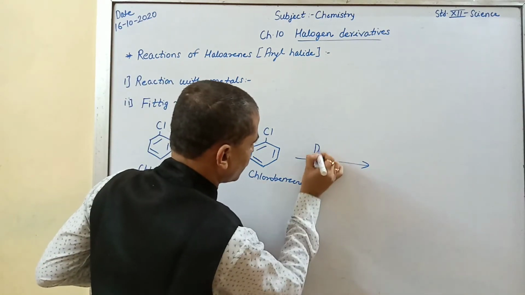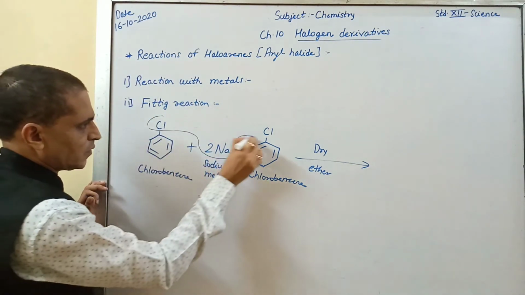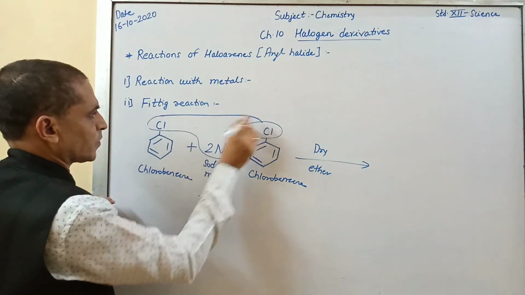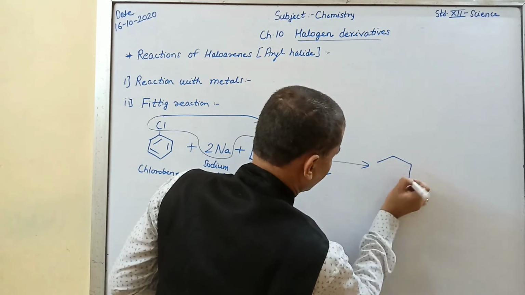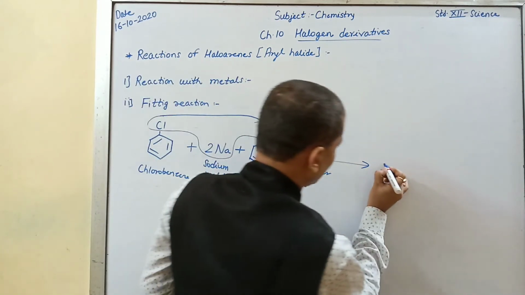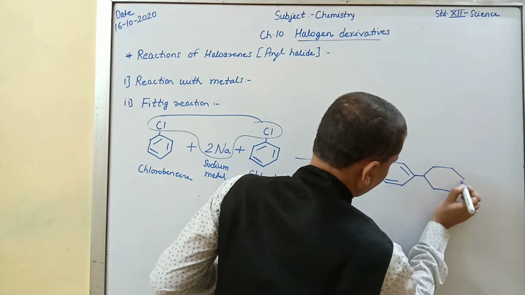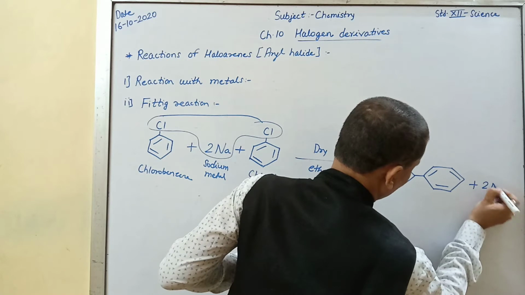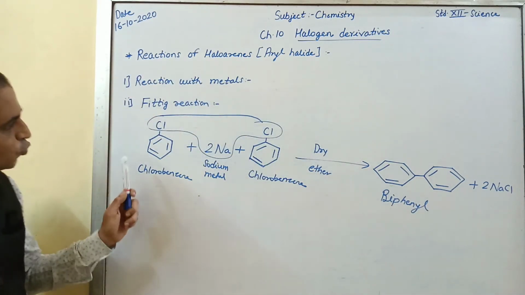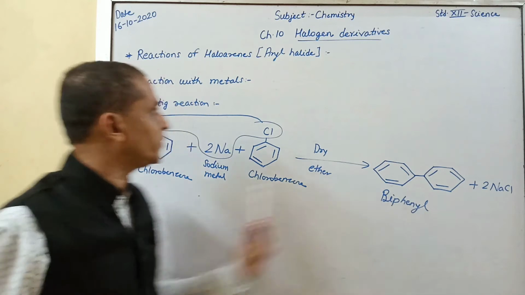This reaction is also carried out in presence of dry ether. Here chlorine combines with sodium to form 2NaCl, and two aromatic rings combine together to form biphenyl. So when two molecules of aryl halide are treated with sodium metal in presence of dry ether, biphenyl is formed. This reaction is called the Fittig reaction.